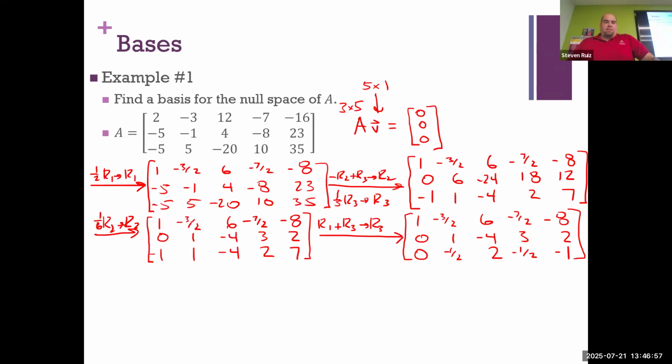Row 1 plus row 3. I think I'm okay with it. So row 1 plus row 3 would be -3/2, so -1.5 plus 1, right? I think I'm okay. Oh, -7/2 plus 2. Okay, I believe that.